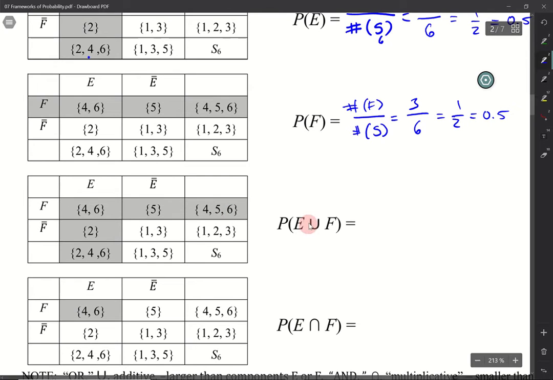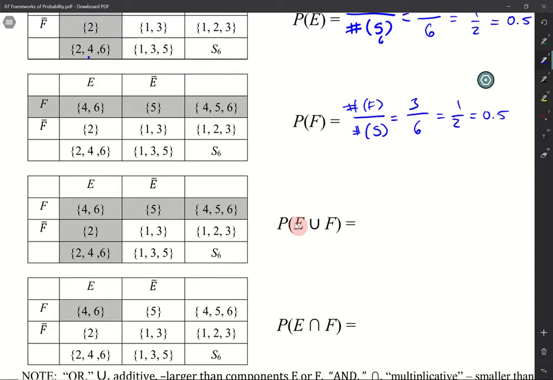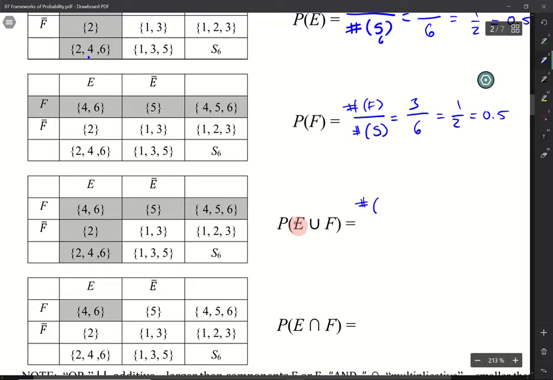So how about the probability of E or F? One way to do it directly is to say E union F over S6.